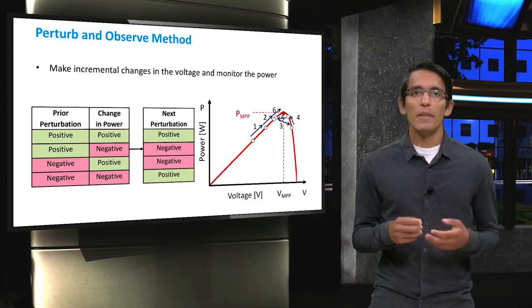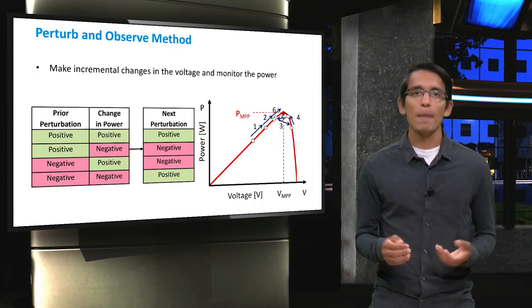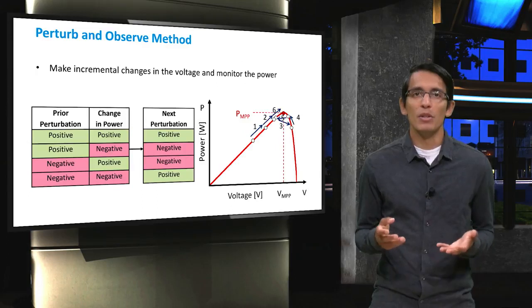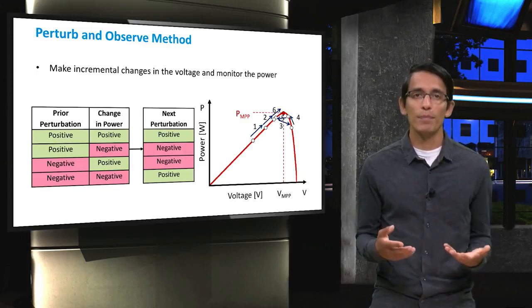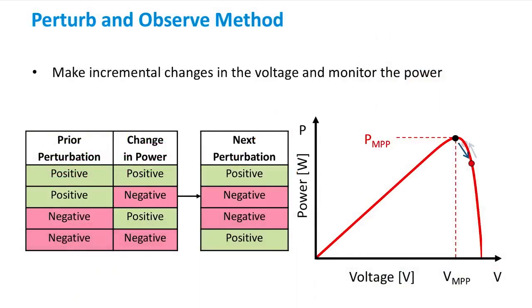Now you can see that we actually reached the maximum power point. However, the system doesn't really know that we have reached the maximum power point, so it will continue to make moves. You can imagine the result will look something like this. The system will constantly make perturbations moving around the power point.